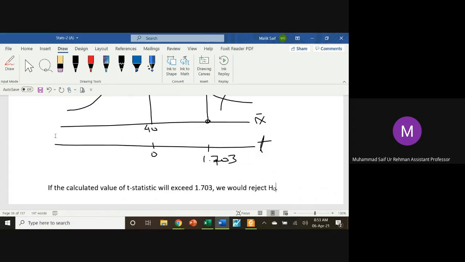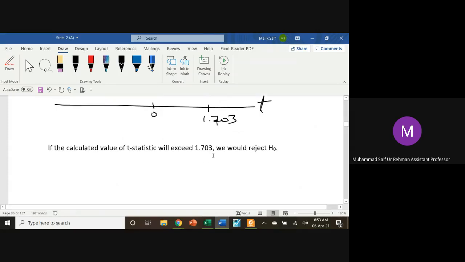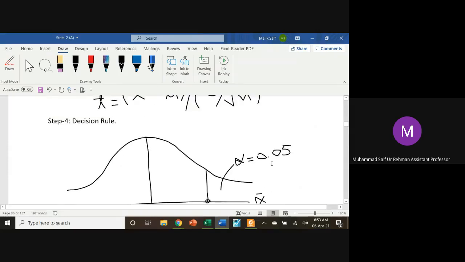So in this way, you will write down the statement in the fourth step.